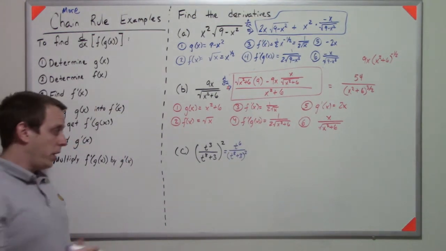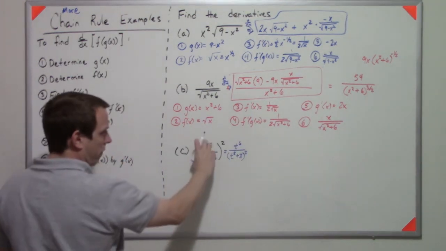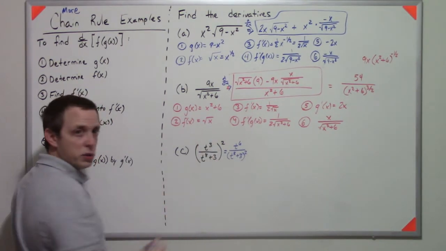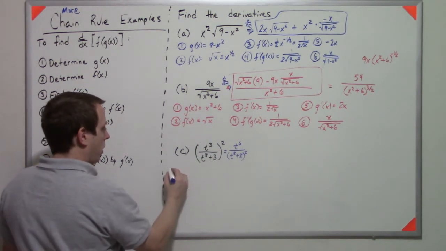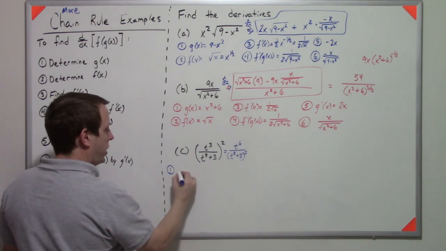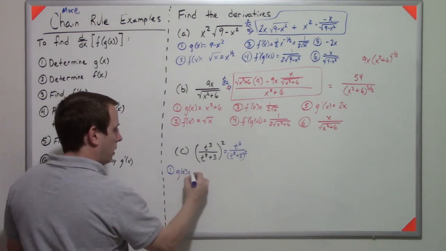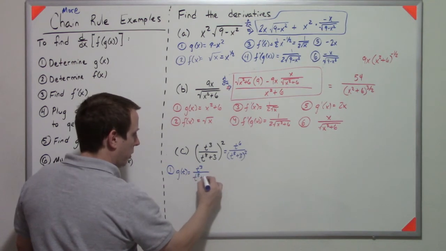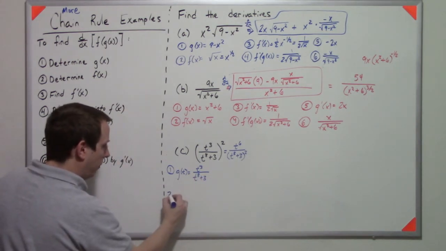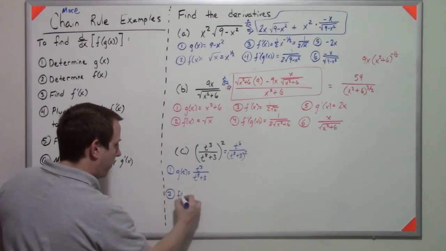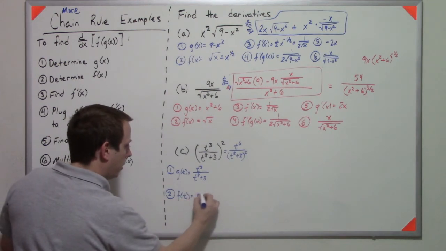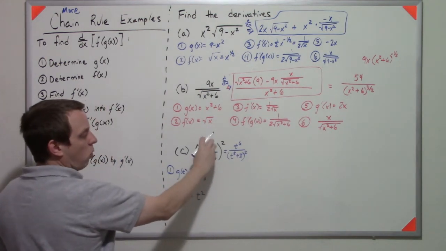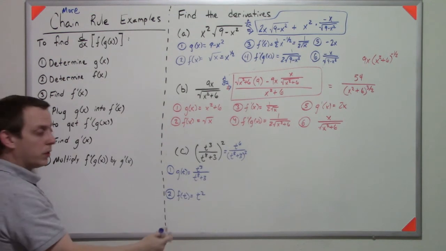Or we could write it like this. We could say, all right, this whole thing is my inside. So I'm going to say that my g of t is t cubed over t to the 8th plus 3. I'm going to say that my f of t is t squared, because it's that whole glob squared.